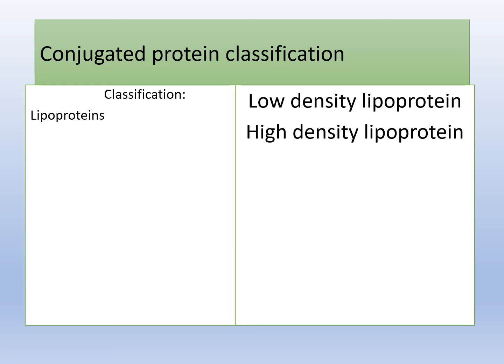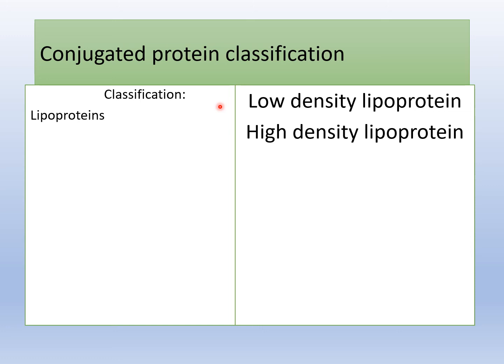Now we have examples of your lipoproteins. We have the low-density lipoprotein or the LDL and high-density lipoprotein or HDL. LDL is dubbed as the bad cholesterol or bad lipoprotein, whereas HDL is dubbed as the good cholesterol or good lipoprotein. Why is it that your LDL is called bad cholesterol? Because your LDL is the one that carries your cholesterol to your arteries.